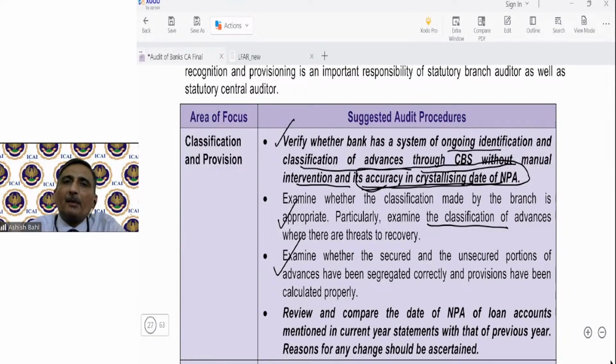What is 25% of the secured amount? 25% of 40 lakhs, that is 10 lakhs, plus 100% of the unsecured amount. And what is the unsecured amount? Unsecured amount is 60 lakhs. So the total provision would be 60 plus 10, 70 lakhs. Okay, clear?